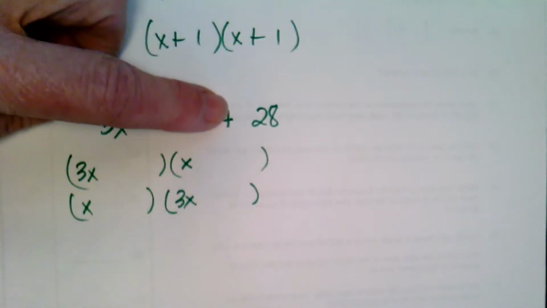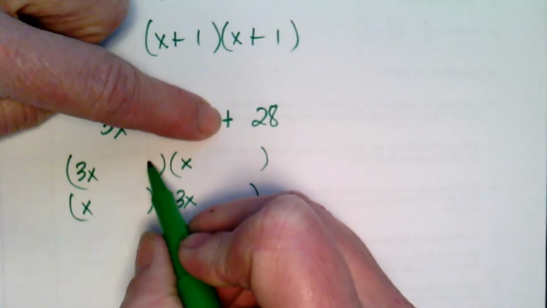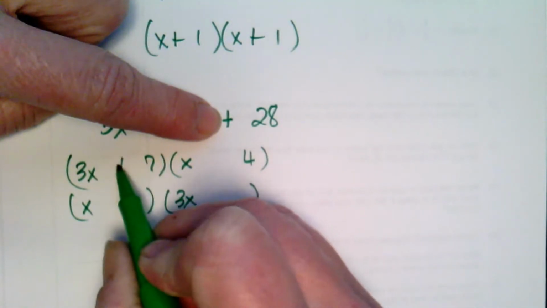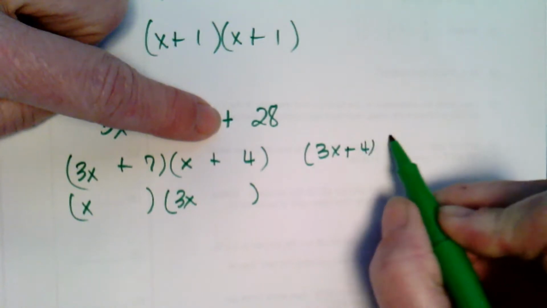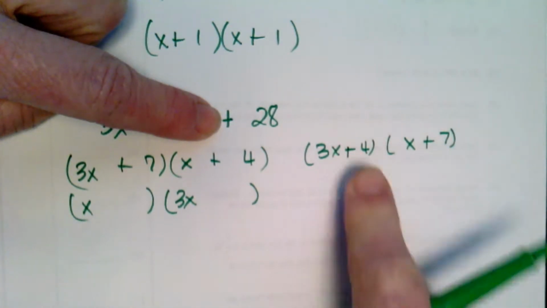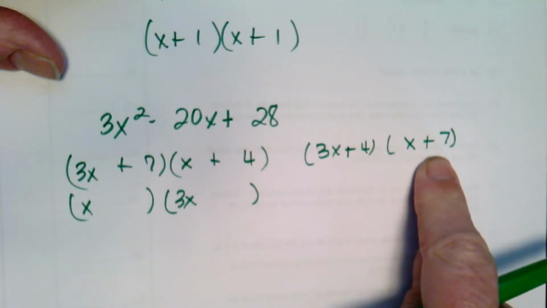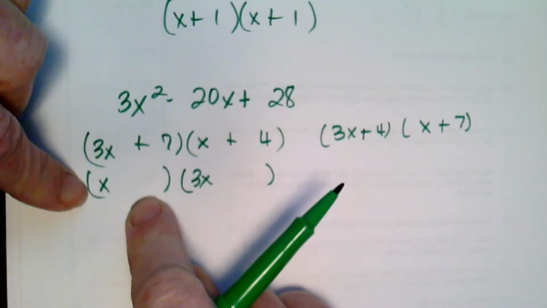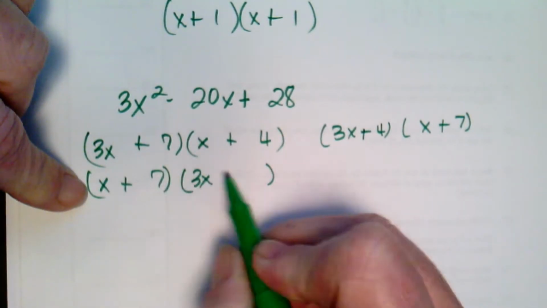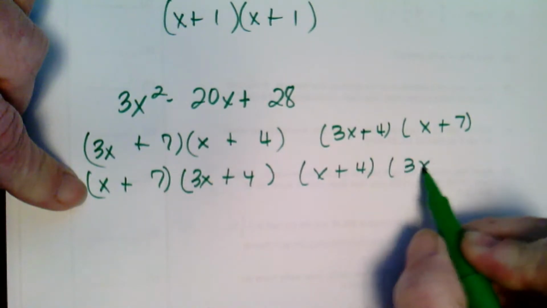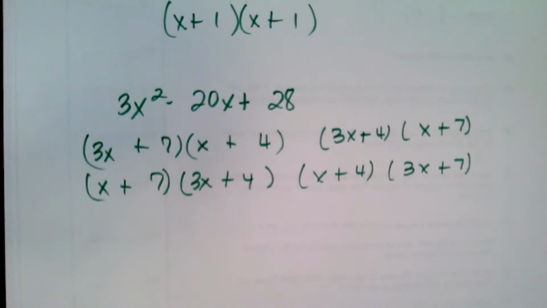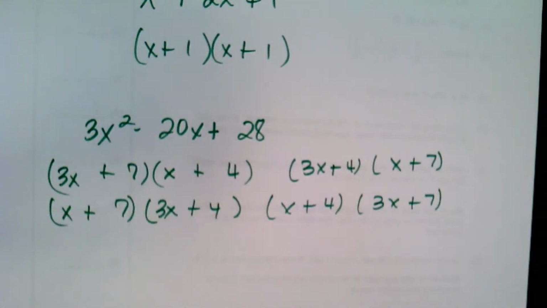And then in the back, to get a positive 28, we could do a 7 and a 4, which both would be positive, or we can flip-flop those and do it this direction. Same thing here. We can have a 7 and a 4, or a 4 and a 7. So this is why I don't like this way, because we have 4 variations.